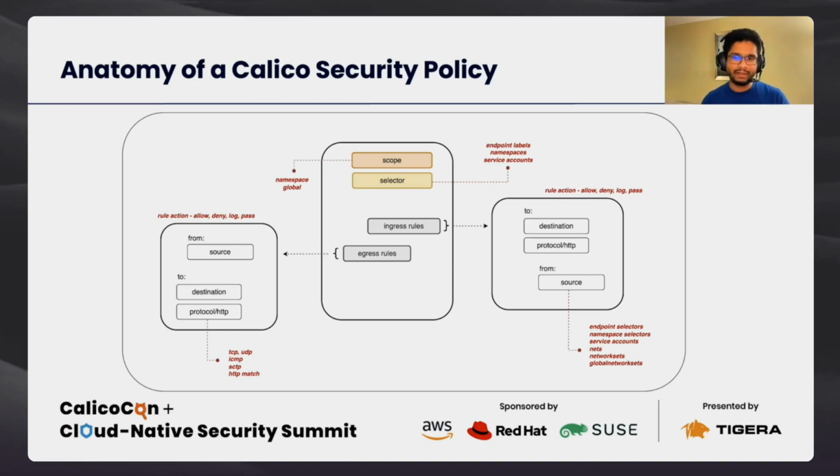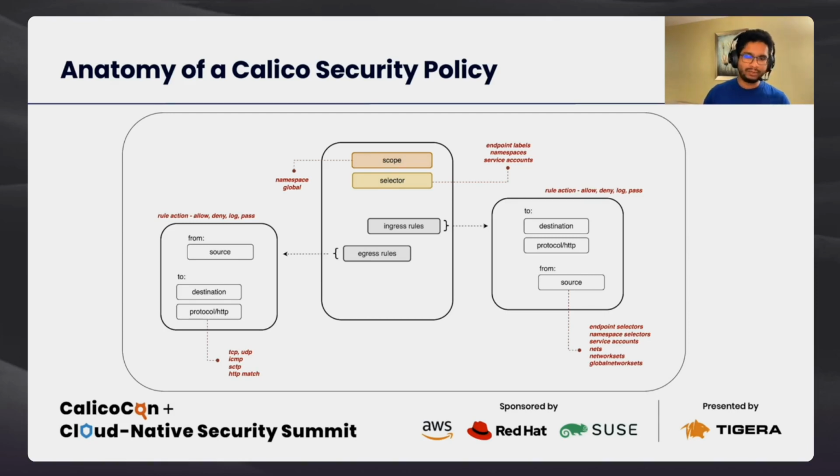There's also a from field there that you can use to specify the source. Now, when specifying the source, again, you can use endpoint selectors or namespace selectors, service accounts, could be networks, network sets, or global network sets. Now, network sets and global network sets are a way of grouping either IP addresses or CIDR blocks, and we'll explore some examples in the subsequent slides.